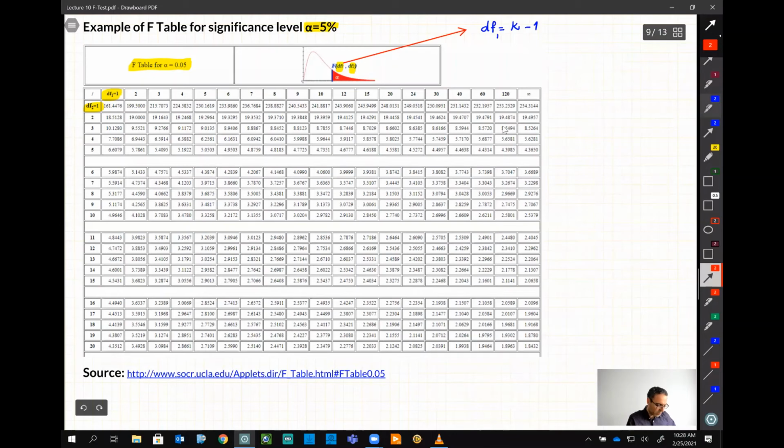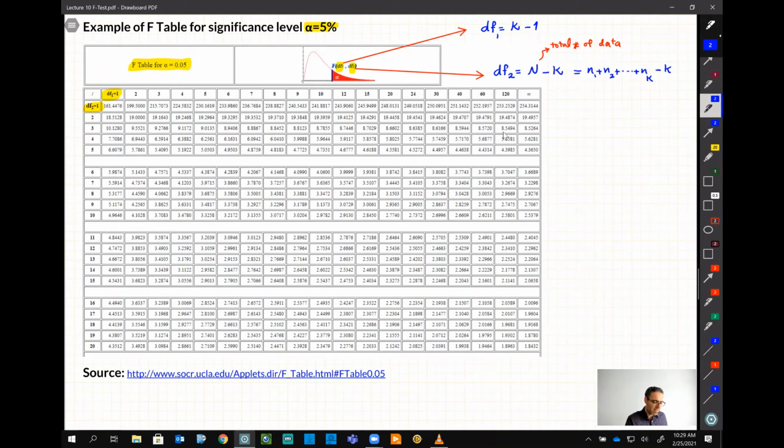And what is df2? df2 we can say is the total degree of freedom among all the data, which is n minus k. Don't forget, n is the total number of data or observations. So in other words, n is n1 plus n2 plus ... nk, minus k.